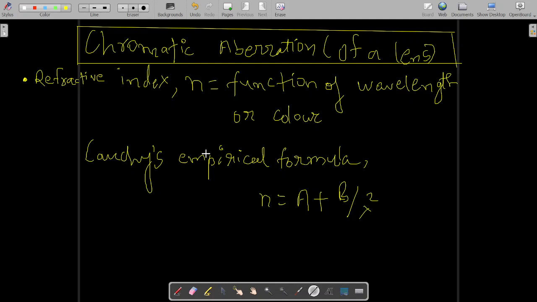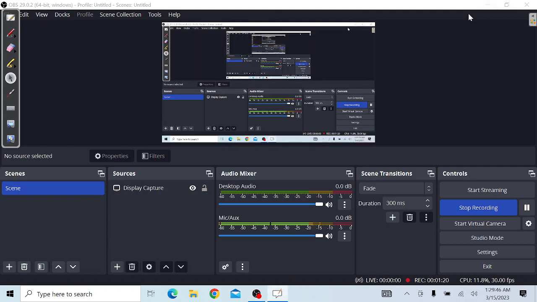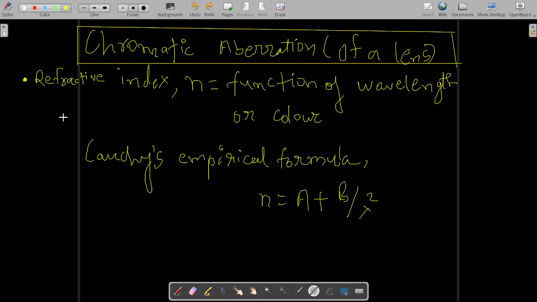For violet, the refractive index is different. For red color, it is different. For indigo color, it is different. For every color, the refractive index will be different. So the situation is that the refractive index is different for different colors.